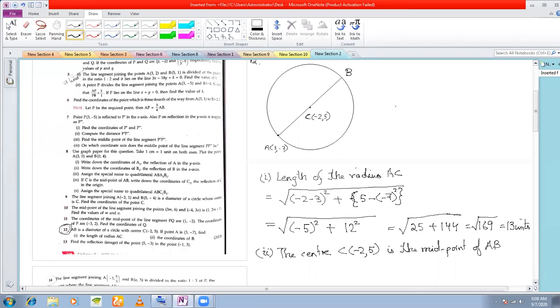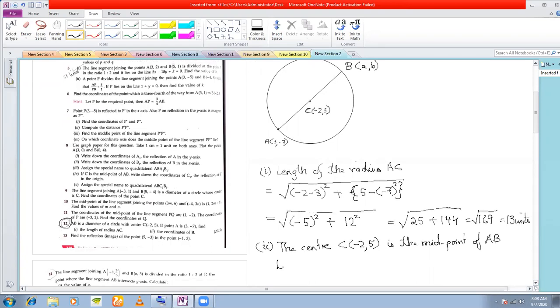Okay, so we say let the coordinates of B be A comma B. So therefore, in terms of A and B, what should be the coordinates of the center C?